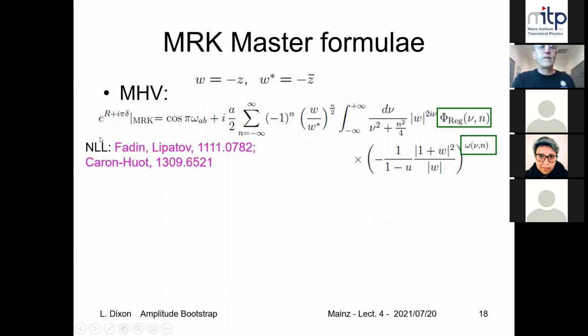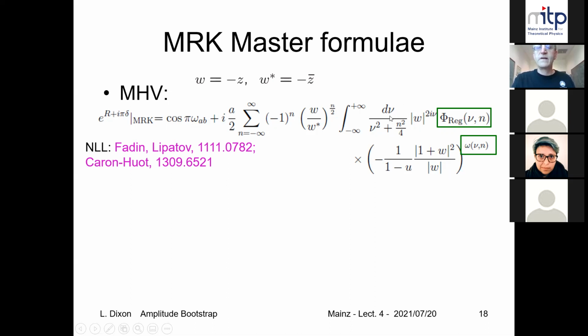And so basically the MRK limit of the remainder function, or something that's actually closer to the curly E function for MHV, has a particular form in terms of quantities which I'm not going to completely define, but I just want to show you its rough structure.